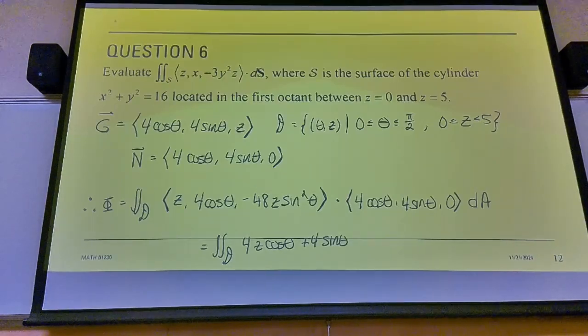Oh yeah, 60. Simplify it. Double angle identity for sine.